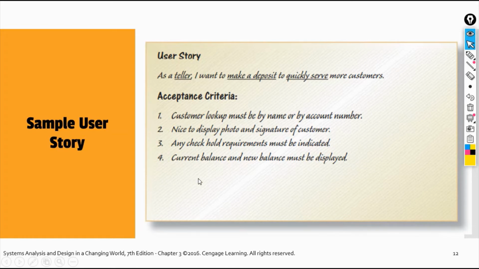So the analyst uses the acceptance criteria to clarify the expectations of the user and verify the user is looking at the user story at an appropriate level of analysis.